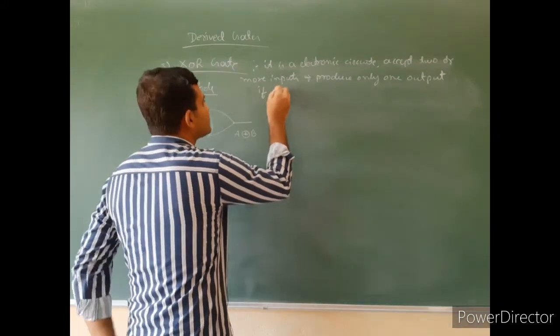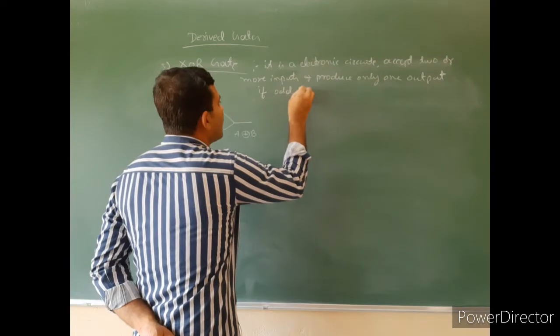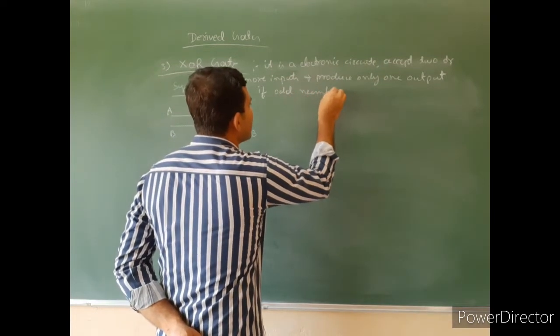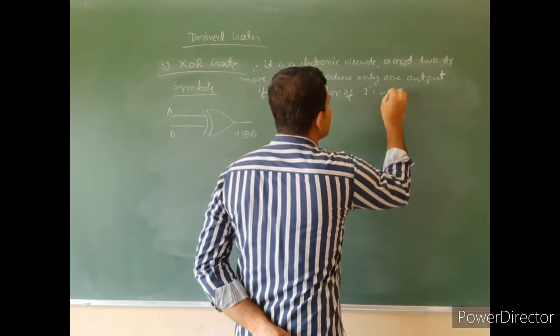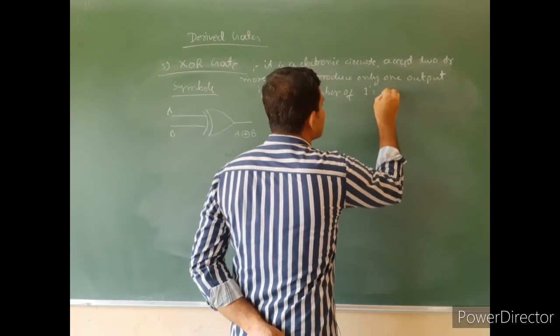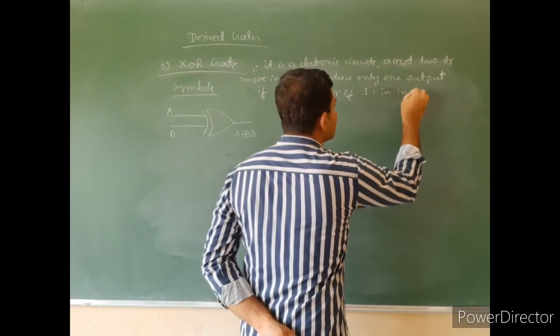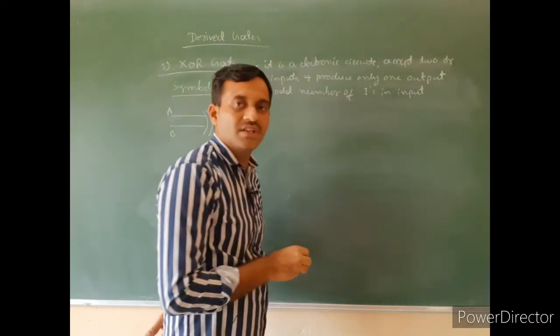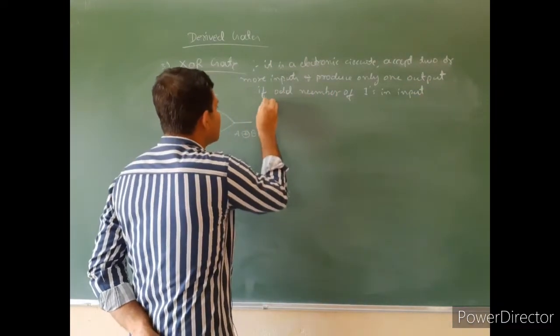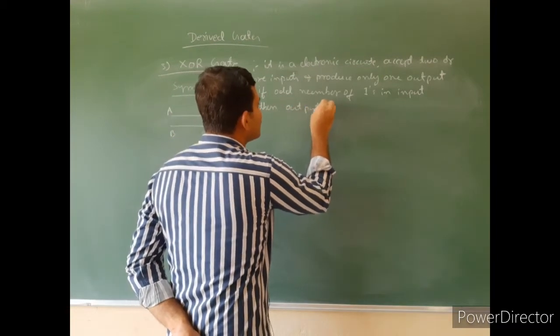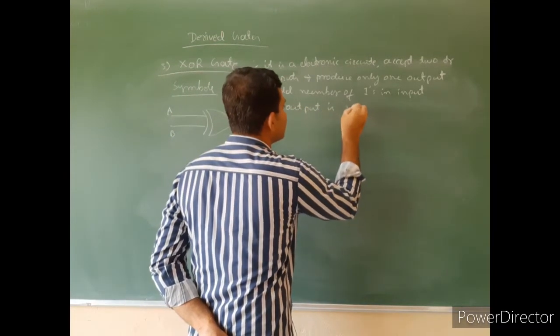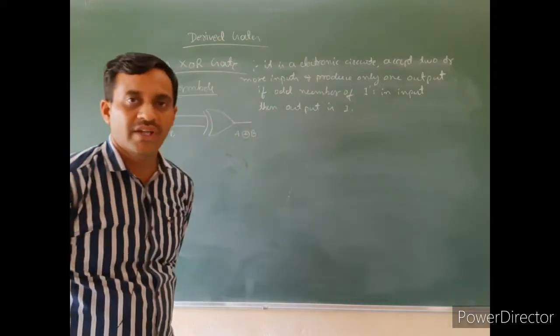If there is an odd number of ones in the input, then output is 1.